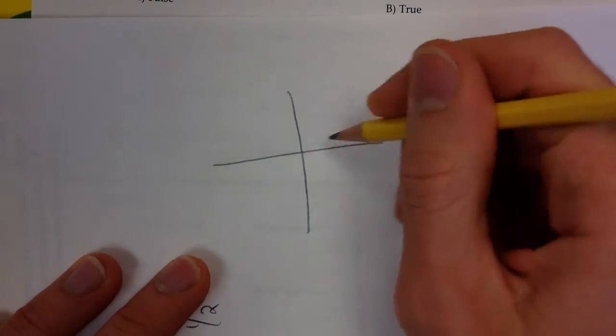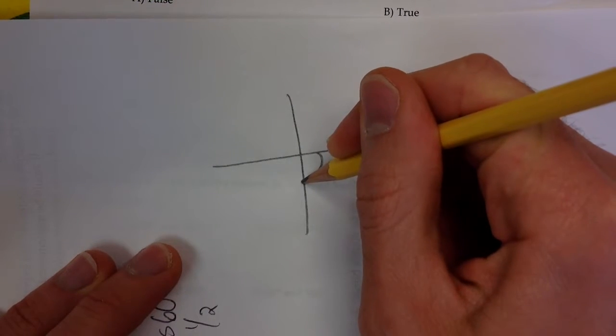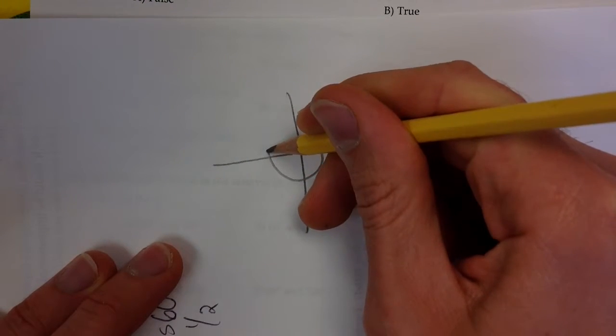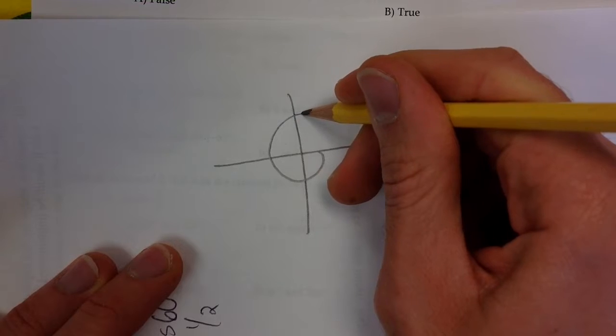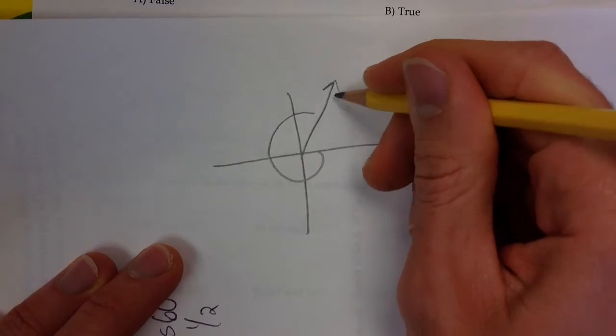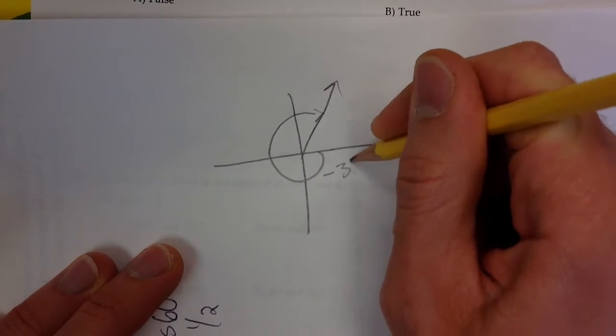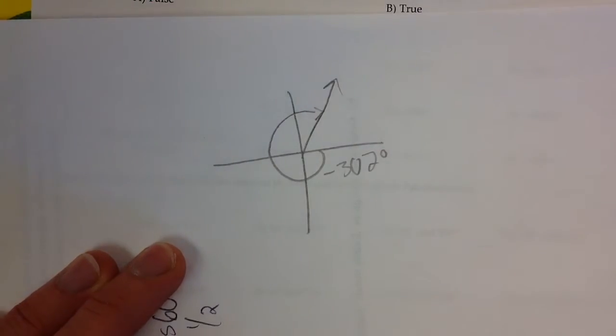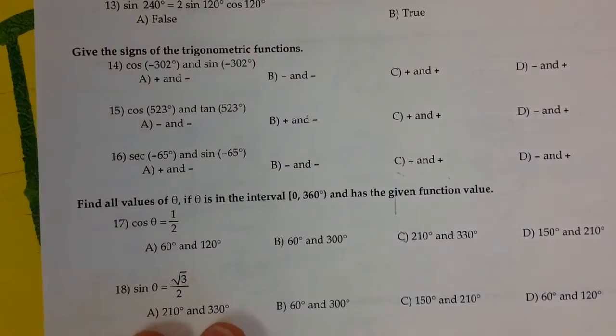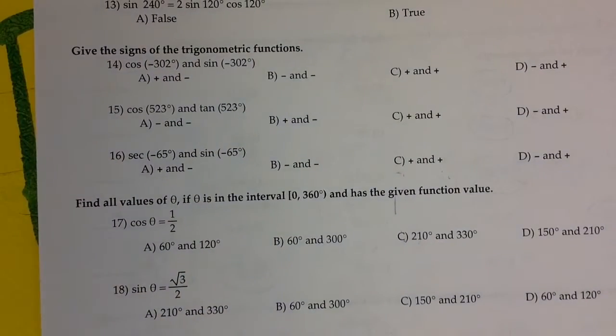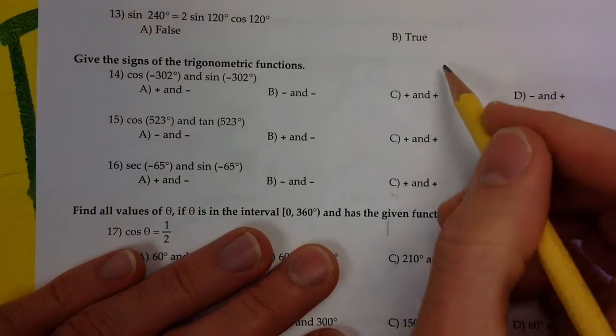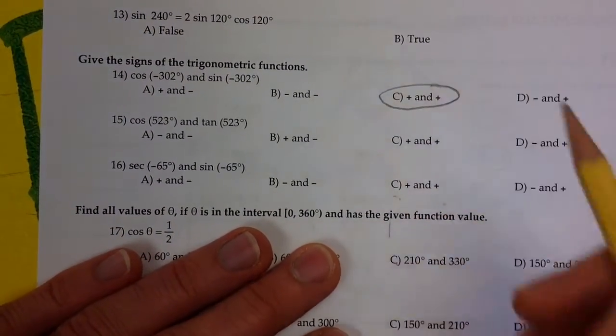Negative 90, negative 180, negative 270. Okay, that's right. So the first. Tell me, who's positive in the first quadrant? Everyone. All of it. Yay! Can't be B, it can't be D.